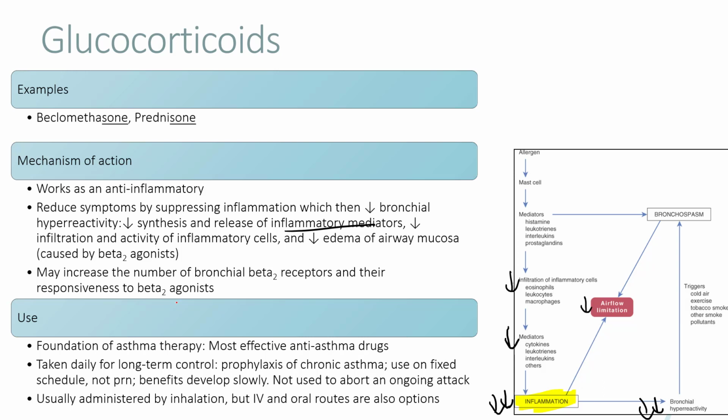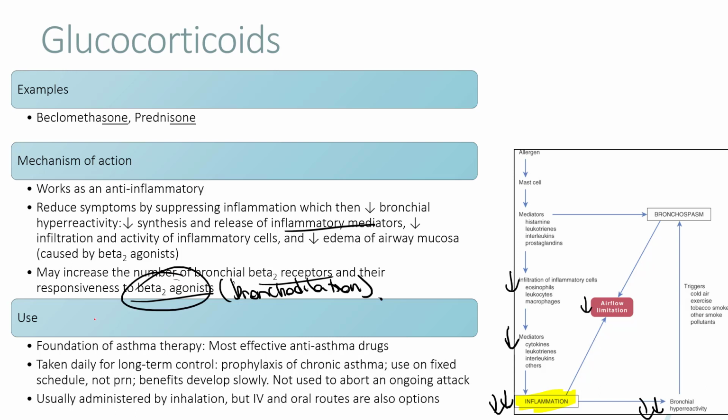All right. The unfortunate thing is that it may also increase the number of beta receptors and their responsiveness to beta-2 agonists. And remember, these beta-2 agonists are the ones that cause bronchodilation. So it may actually cause the beta-2 agonist to work better.